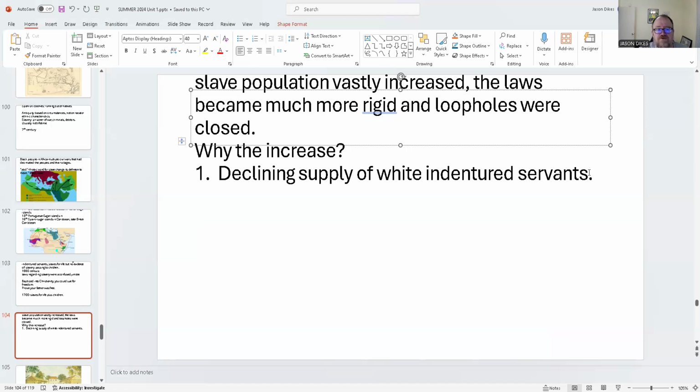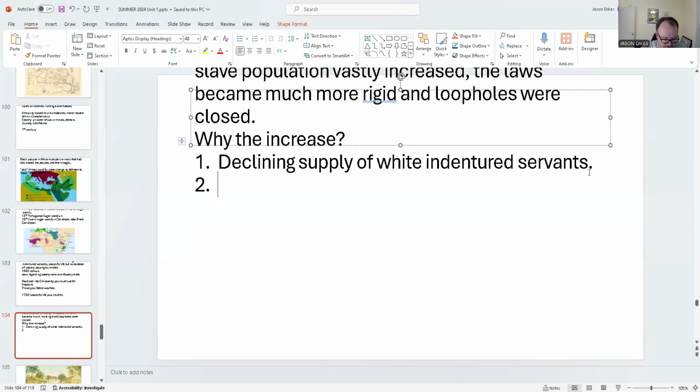That was largely due to a drop in the birth rate in England itself. And there were a lot more jobs opening up in England itself. So it wasn't really necessary to get on a boat and go all the way to the New World to find economic opportunity. Now, you could stay in England and do that.